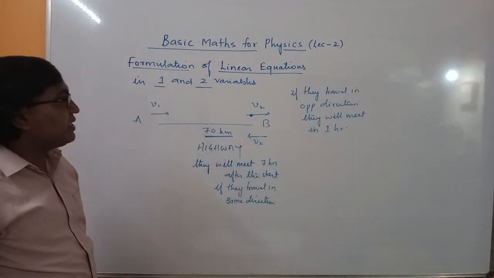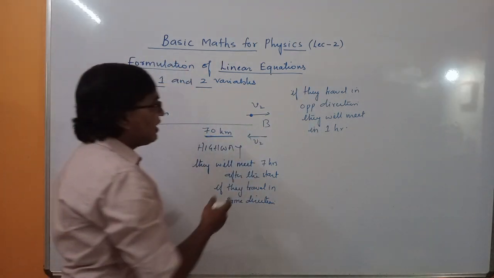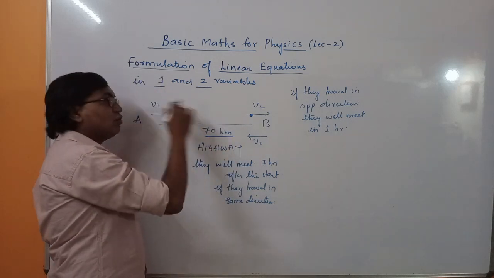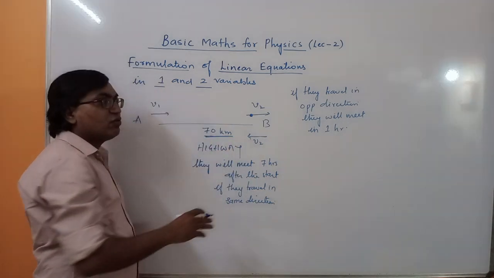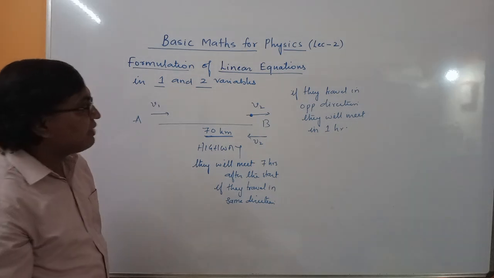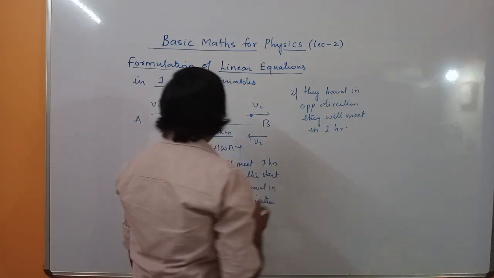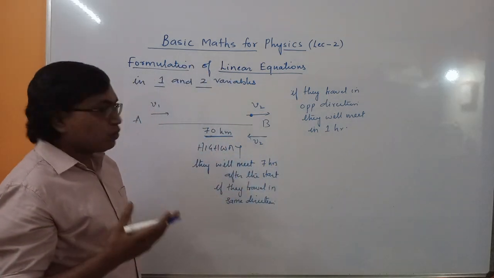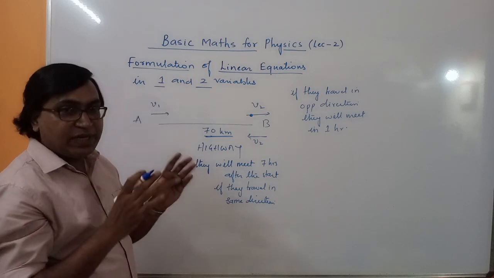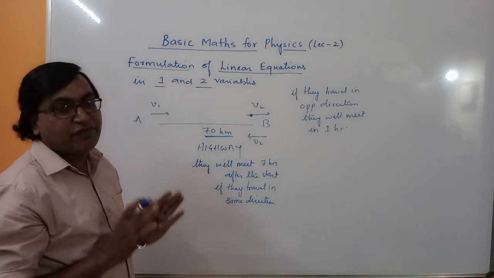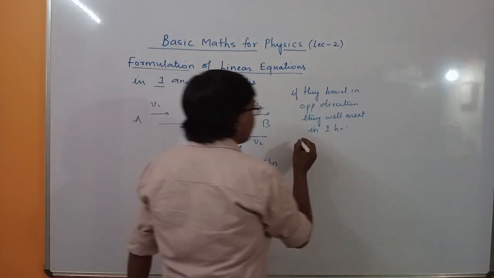So find the speeds. Now to find the speeds, here again we have two unknowns, V1 and V2. So we have to get two equations, as many equations as unknowns. Fine, so let us formulate.